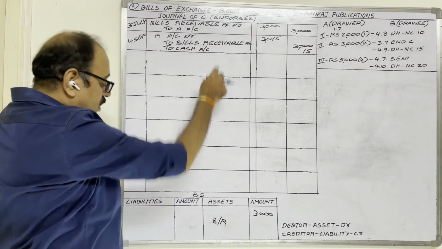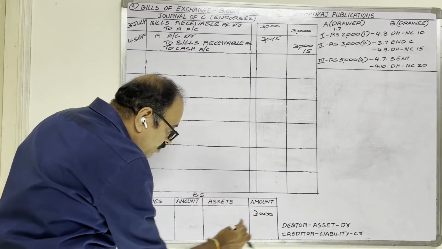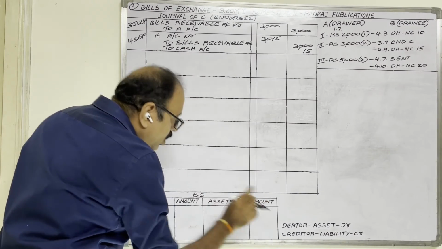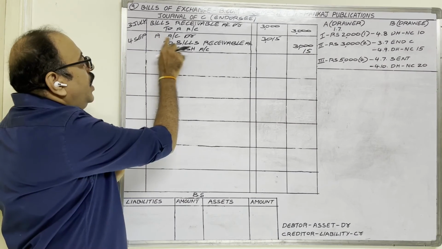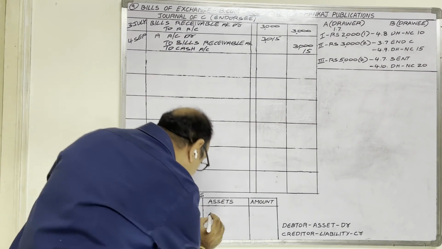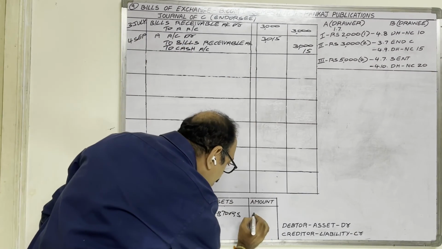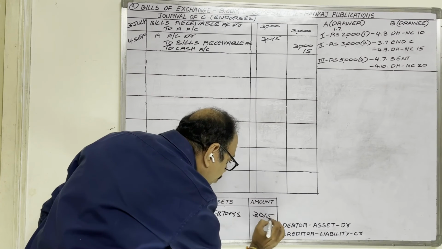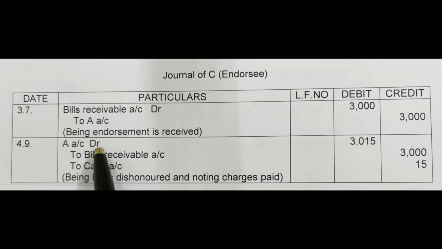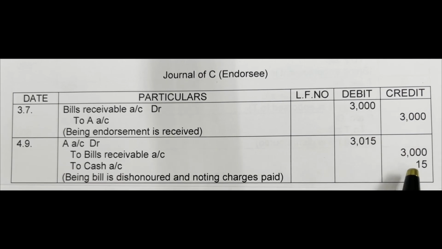Bills receivable asset will get cancelled because money is not going to come on that. A new asset, debtor account, will be created with 3015 rupees. 4th September, A account debtor 3015 rupees, to bills receivable account 3000, to cash account 15 rupees. Being bill is dishonored and noting charges paid.